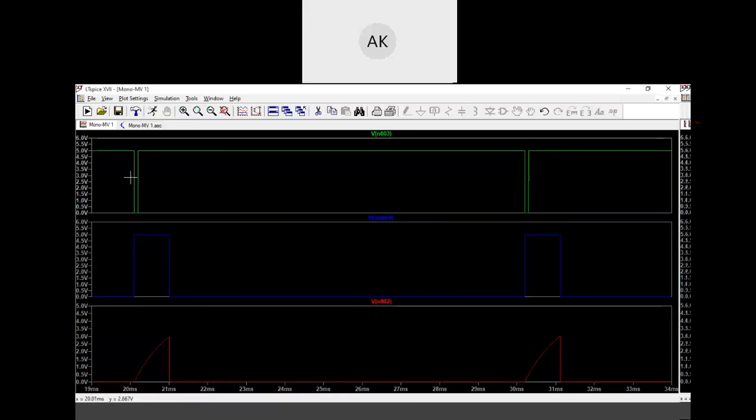Is this fine? Can somebody explain what is happening? Can you see the trigger signal is going below VTL, which is 1.5 volt? Can you see the output is going high? How long is it staying in the high condition?